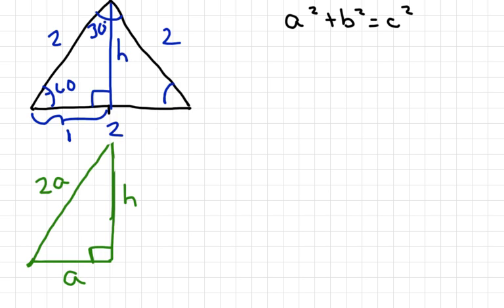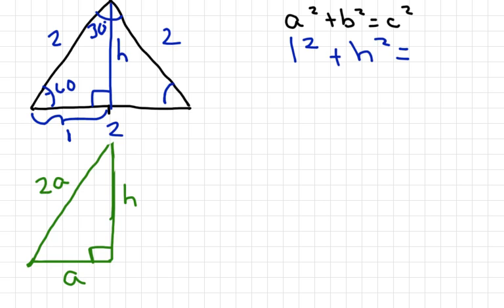Now, what we want to find out is the height. So I'm always going to call the side across from my 30-degree angle A. In this case, I'm going to use the Pythagorean theorem, and my A is 1. My height is my B, and I do not know what that is yet, because we have to solve for the height.